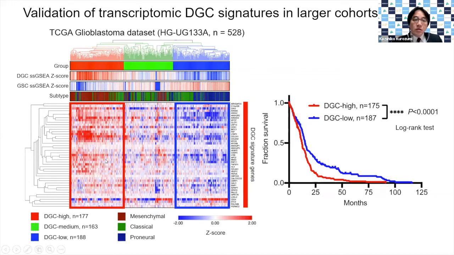If we compare the DGC high signature and the DGC low signature, there's a significant difference in survival time. High DGC was very bad.